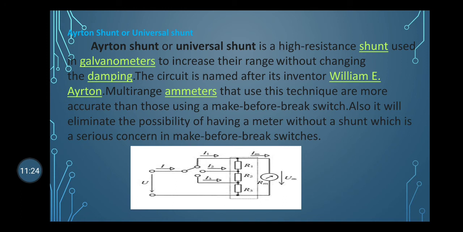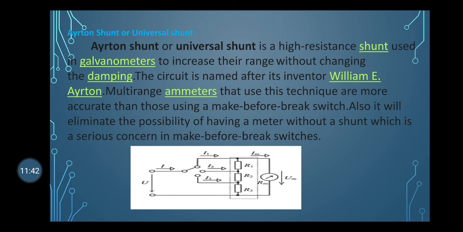Now here is the Ayrton shunt or universal shunt type of meter, as the name tells us, named after the inventor who invented this type of meter.